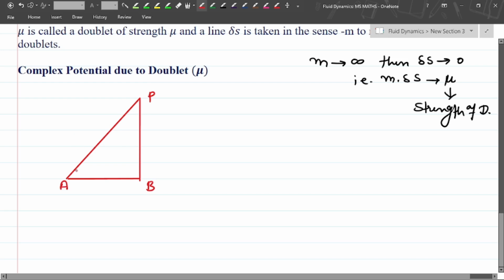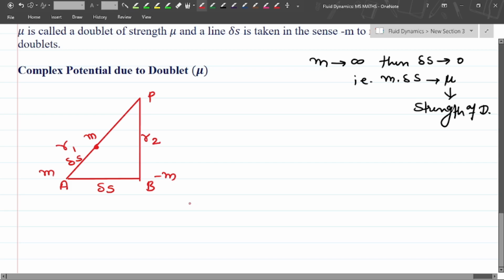This is my source, and this is a sink of strength m. Then this is the distance delta s. This is my R1 distance. Here is also delta s, and here is also m. And this is my R2 distance from the P, that is the resultant.